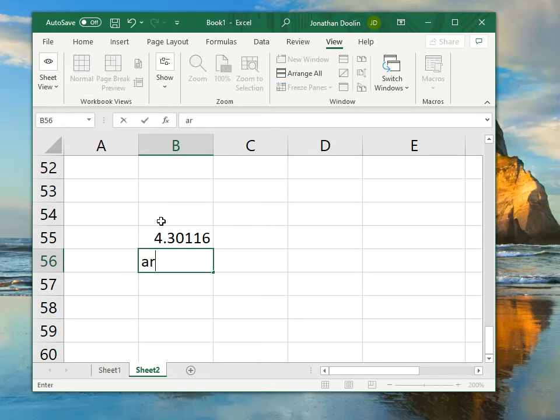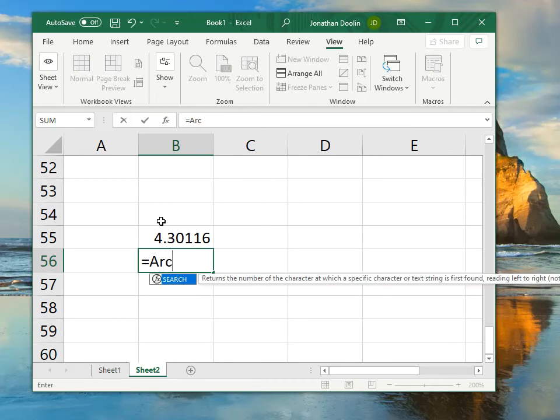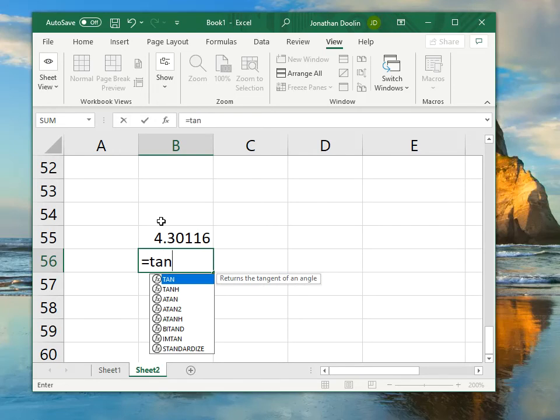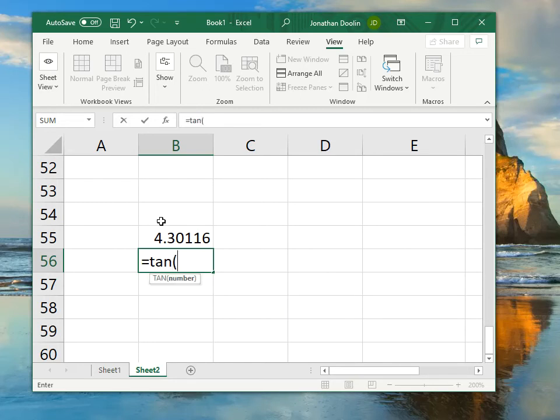Our angle equals arctan, this calculator doesn't have arctan, it's atan. So atan, parentheses, we're going to go with negative 2.50 divided by negative 3.50, and we're going to add, you know what?